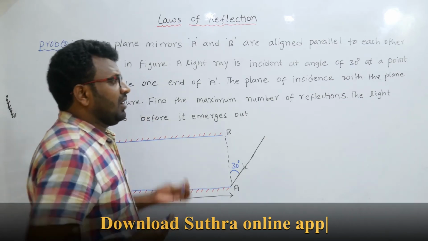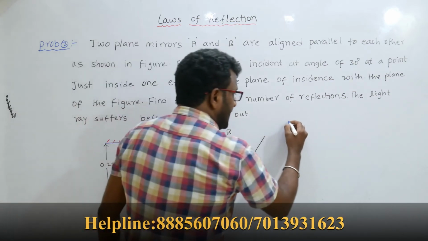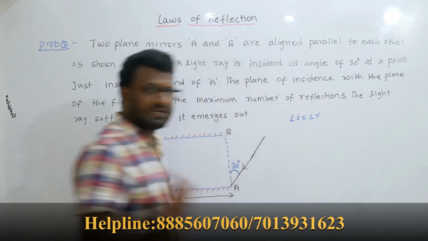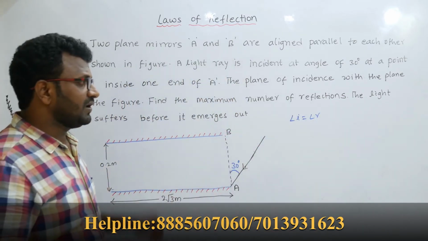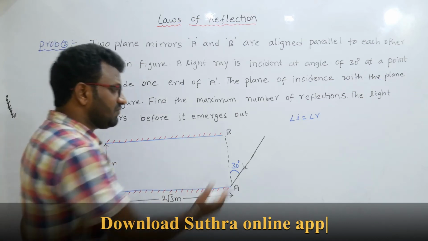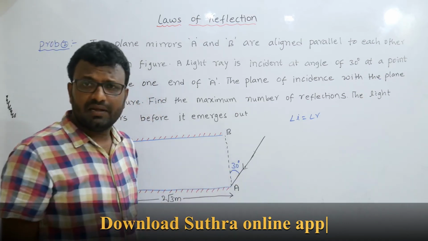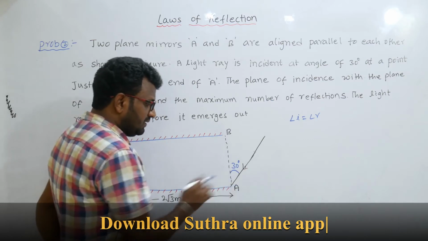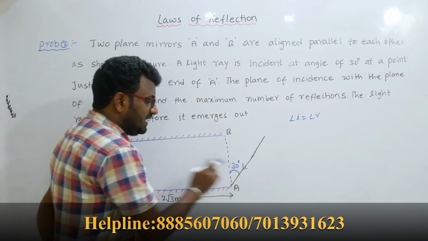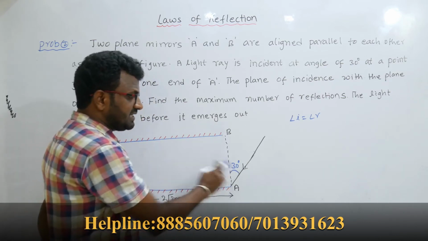So again we know the first point: angle of incidence is equal to angle of reflection, because we are doing problems based upon the laws of reflection. Now a ray of light is incident on a mirror at the point A with an angle of incidence of 30 degrees.